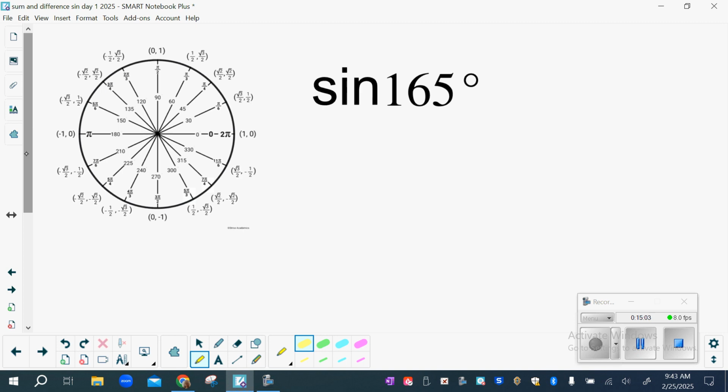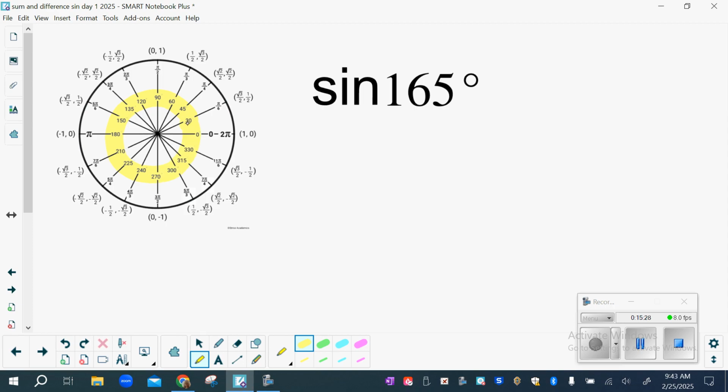Now, here's what I'm going to tell you. Anything that has a 5 in it is probably going to be easiest to do with the number 45. So that's how I do it. I'll be honest, this part right here is the hard part for me. What makes 165? And I only want to use ones that I know. So I know it's going to be 45 plus something.